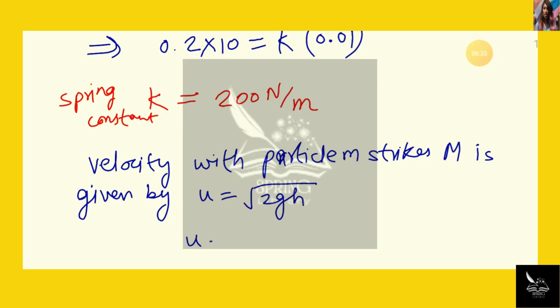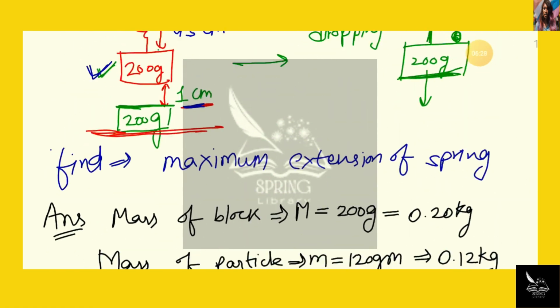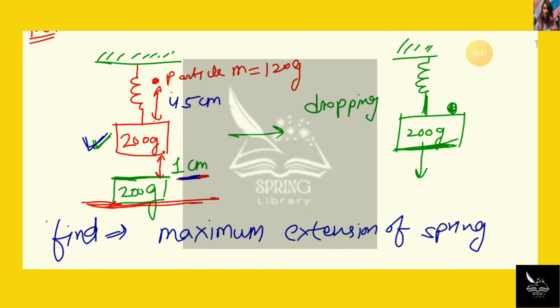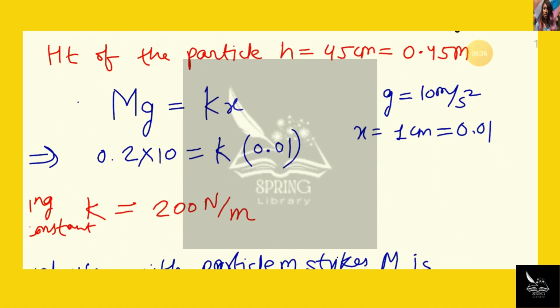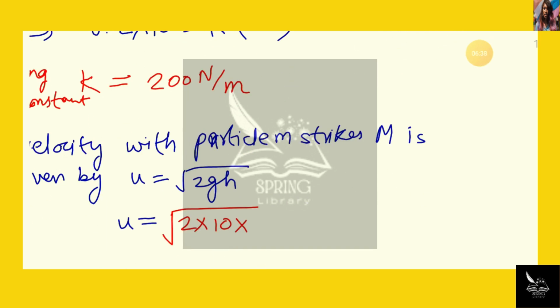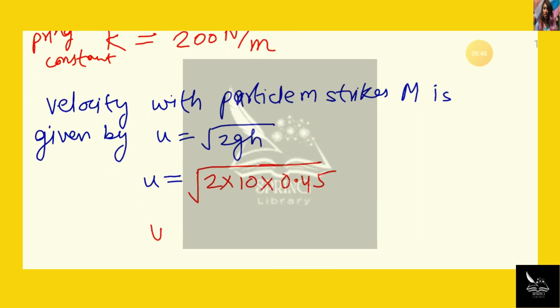So u is equal to square root of 2 multiplied by g, which is 10, multiplied by h, which is 0.45 meter. Simplifying, I get the initial speed of the particle that strikes the block, which is 3 meter per second.